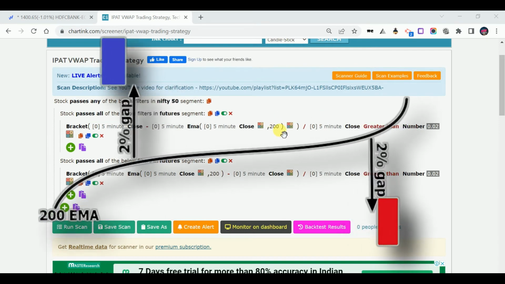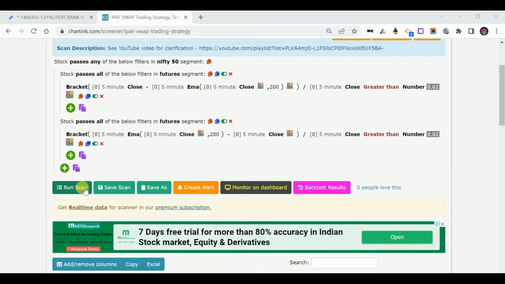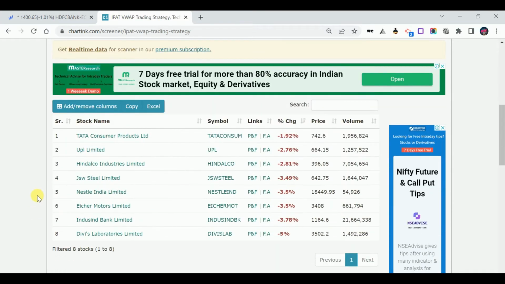I have put in one general criterion: stocks trading 2% or more above or below the 200 EMA. Once you click on run scan, you will get the list of stocks trading at or beyond 2% from the 200 EMA. This way, we filter out sideways stocks and get only trending stocks for tomorrow.